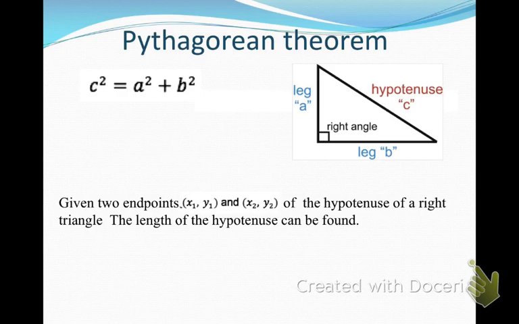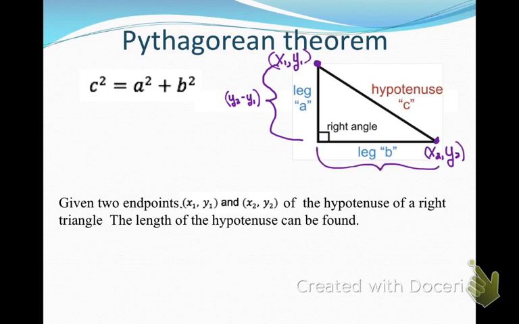Well, if I know that one point of that hypotenuse is x1, y1, and the other point is x2, y2, I can find the length of that hypotenuse using this formula. Because the length of leg A would be the difference of my y values, y2 minus y1. The length of leg B would be the difference of my x values, x2 minus x1.